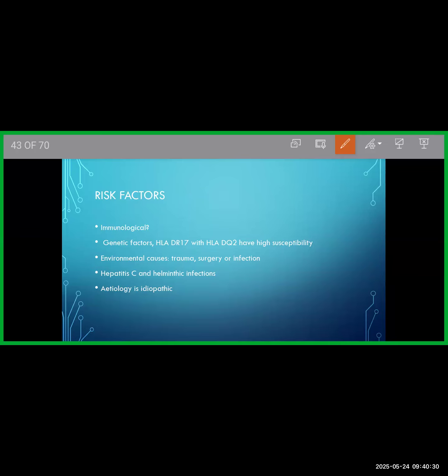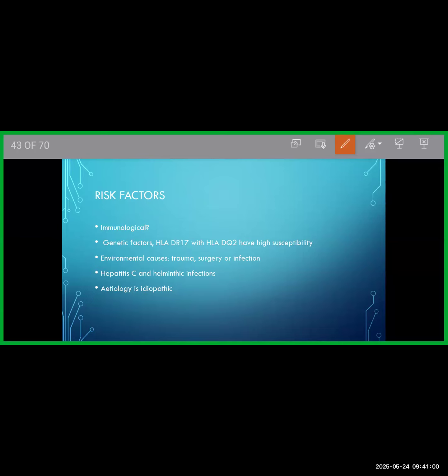HLA DR17 and HLA D22 have been associated with Morin's ulcer, and environmental causes such as trauma, surgery, and infection have also been associated as a risk factor. Hepatitis C has also been associated with the occurrence of Morin's ulcer, and helminthic infestation in the form of typhus.